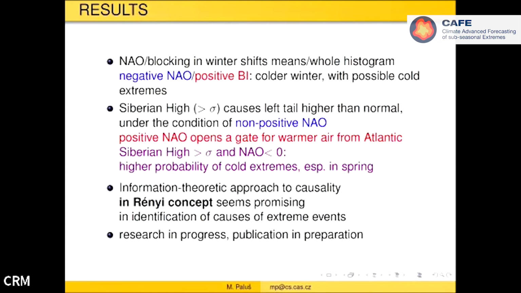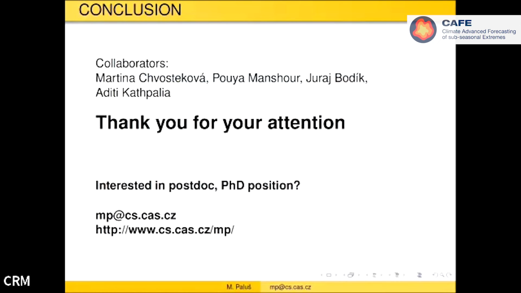This Rényi formulation of conditional mutual information really showed us that this effect is for small parameters of the Rényi entropy. So probably this concept can really help us to distinguish, if we are able to identify several causes, which one is specifically responsible for extreme values. Okay, so thank you for your attention.